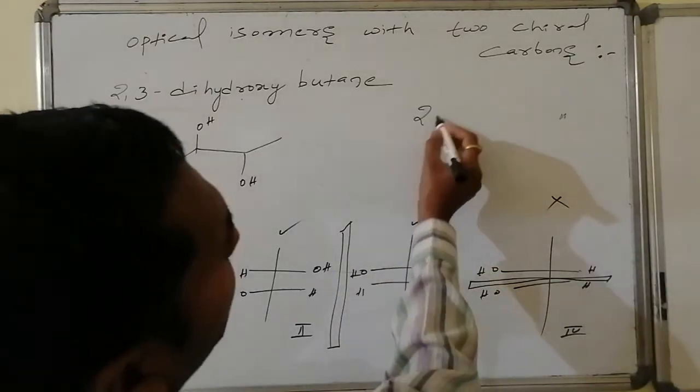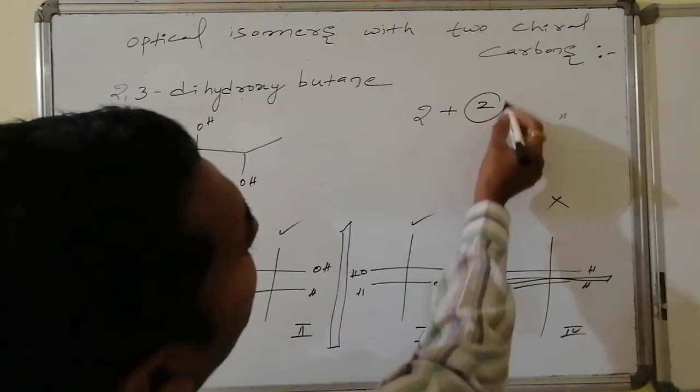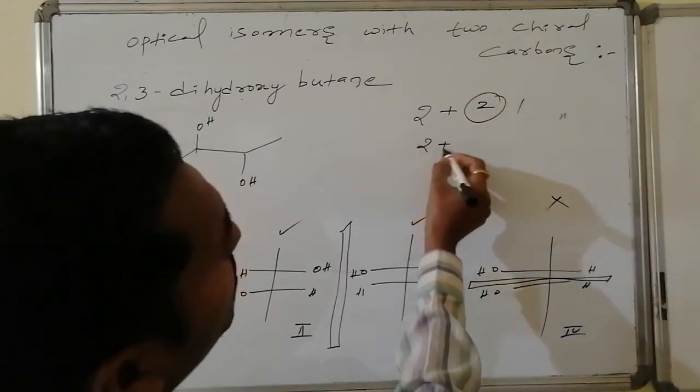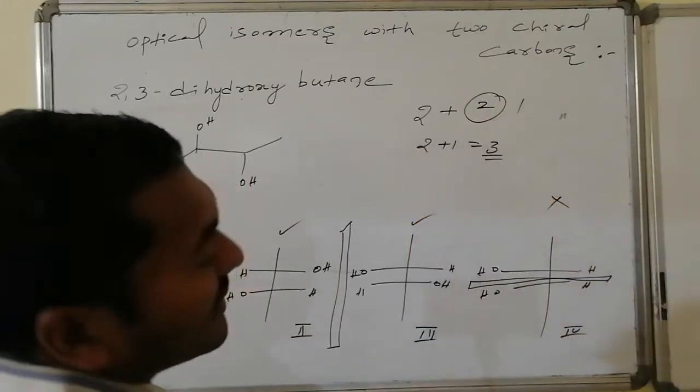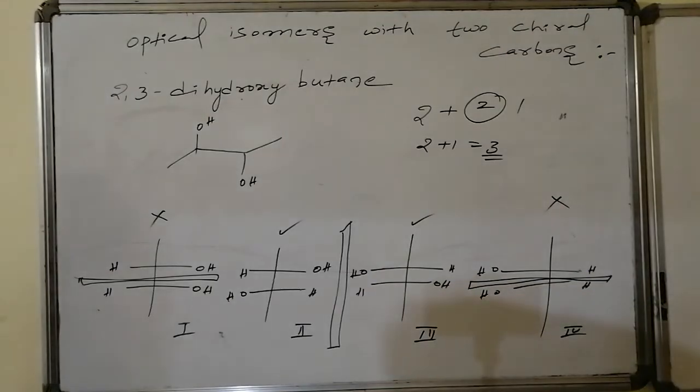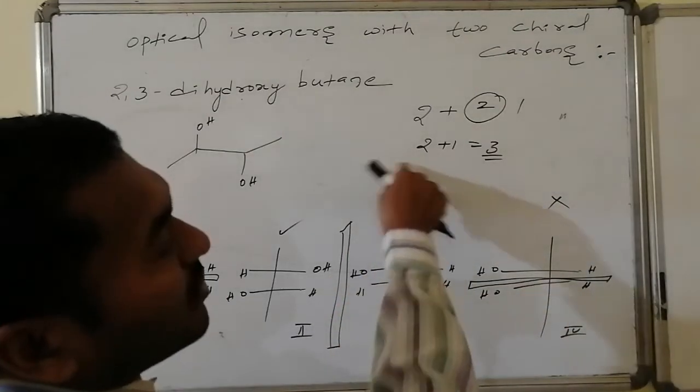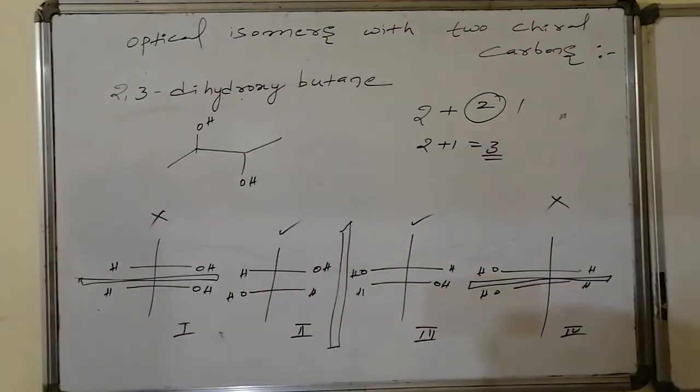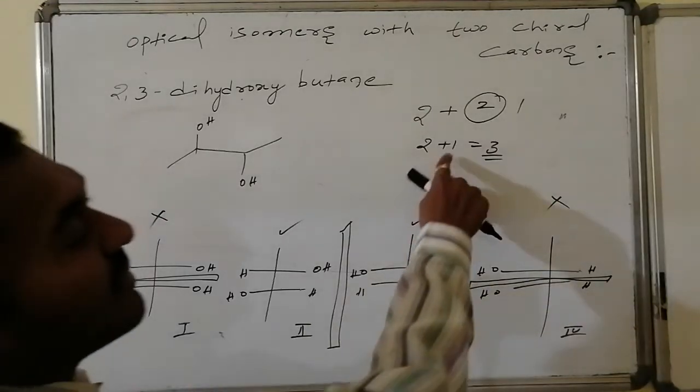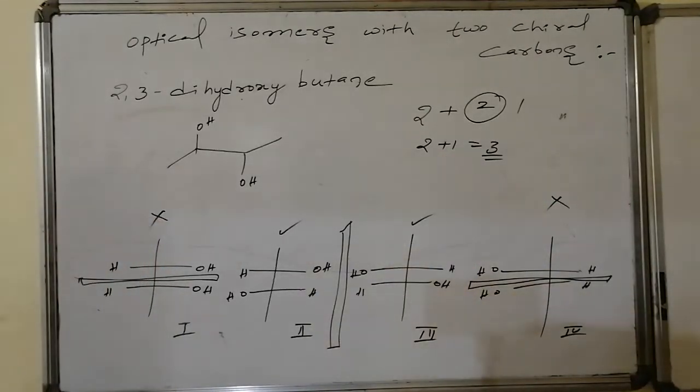Thus I have 2 plus 1, which is equal to what? 3 optical isomers are possible. Out of those 3, a set of 2 are enantiomers, which are optically active, and the other one is said to be a meso compound.